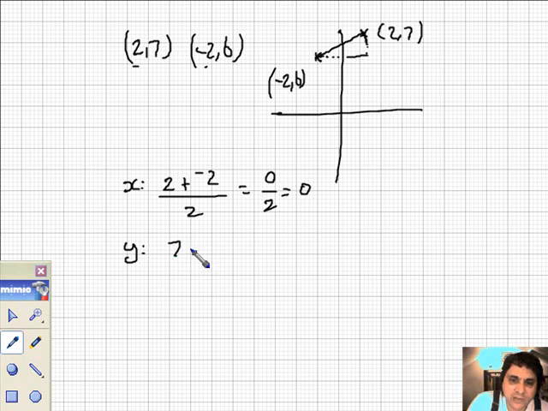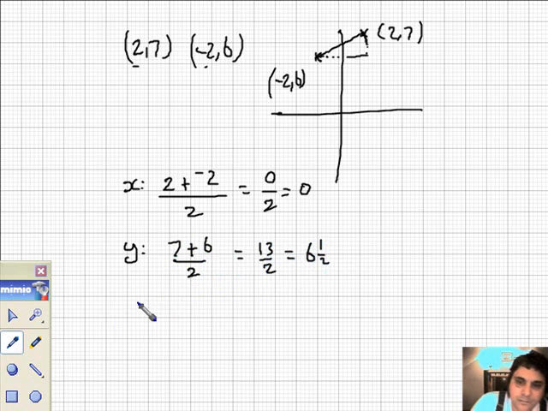Average out the y values. I've got 7 plus 6. Divide that by 2, so that's 13 divided by 2, and 13 divided by 2 is 6.5. Therefore, I have a midpoint of 0, 6.5.